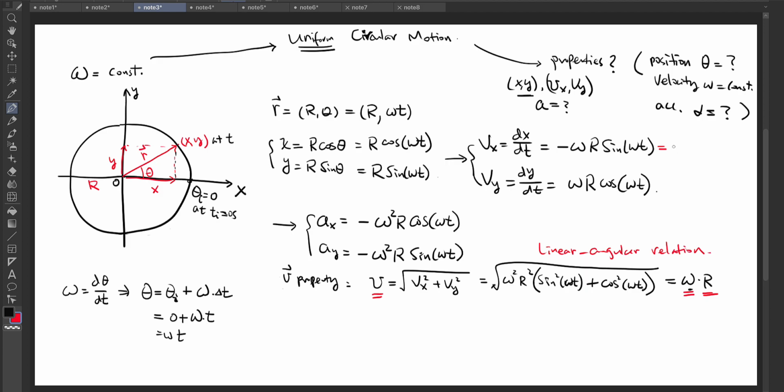I need to rewrite it this way. So equals omega r. Okay, so I'm going to get rid of the negative sign, and then I'm going to write this as a cosine function. And then there's still omega t here, but I'm going to add plus pi over 2. I'm going to add a 90-degree angle to the omega t.